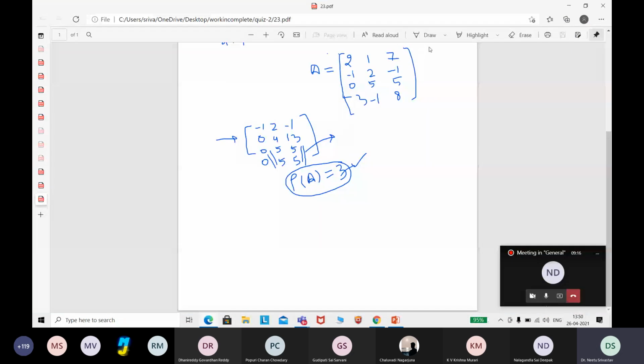So the first condition: if I say S is a basis, we'll go according to the notations given in the set. S is a basis means it should be linearly independent and spanning.